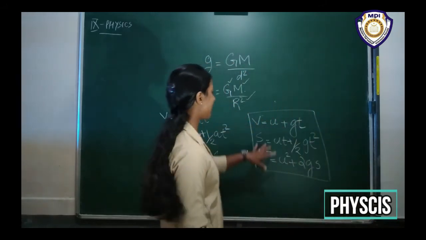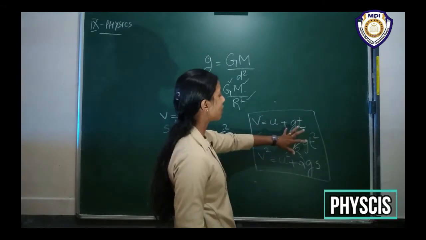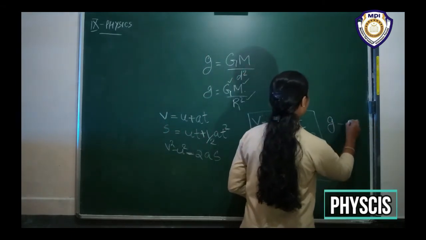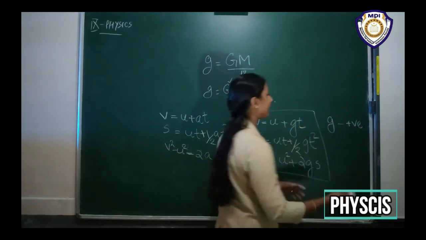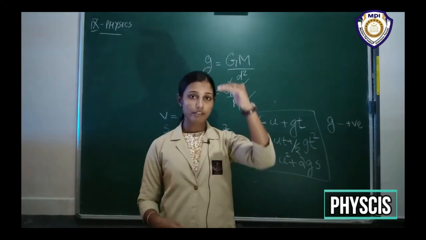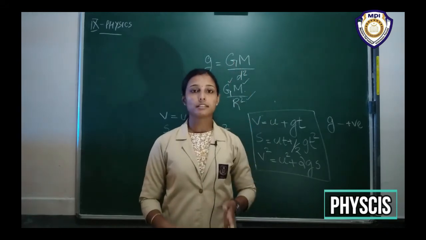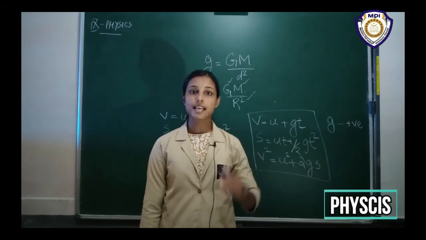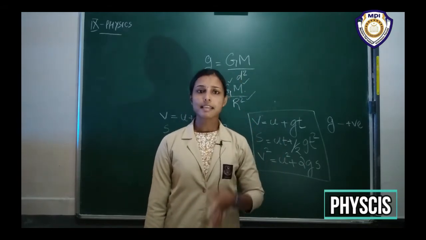So here we take the value of g as positive if it is in the direction of motion. That means when a body is freely falling, the body has a motion towards the earth, so we can take g as positive. That means acceleration and motion are in the same direction.